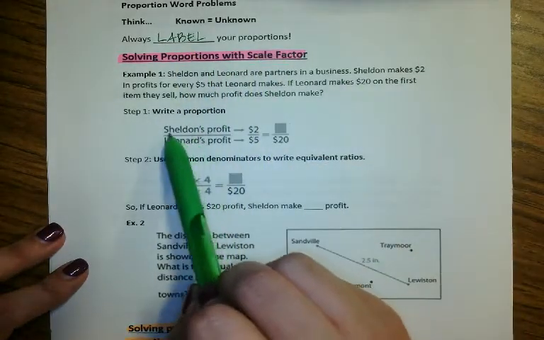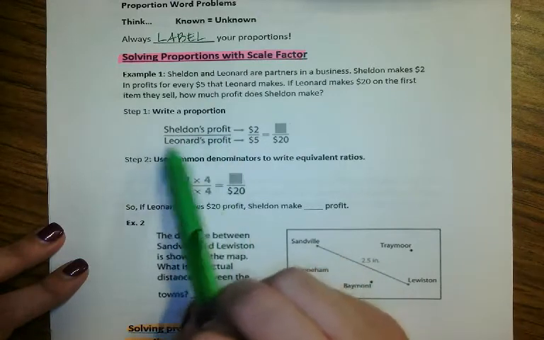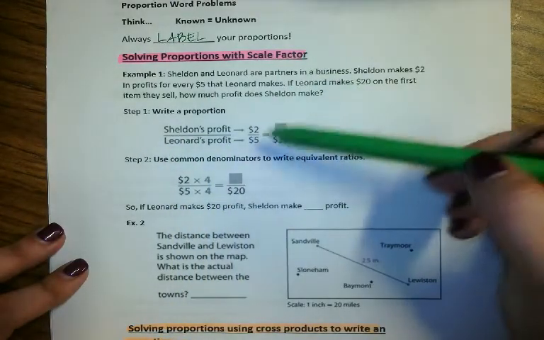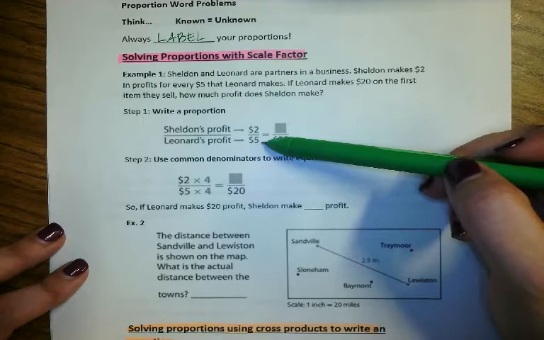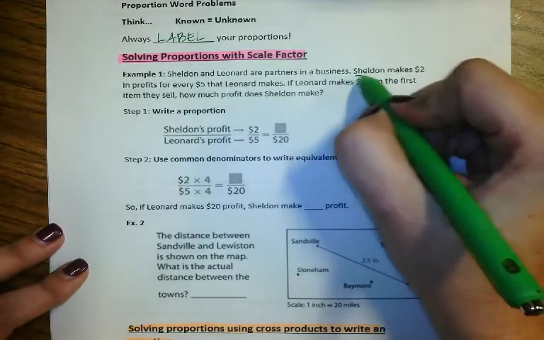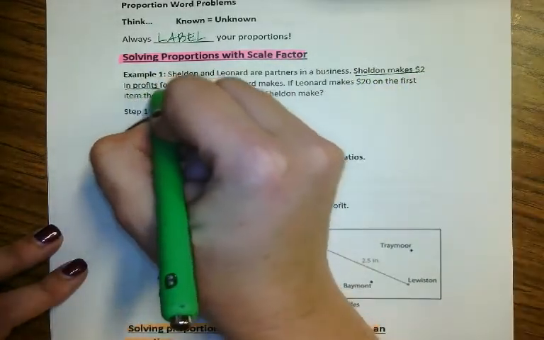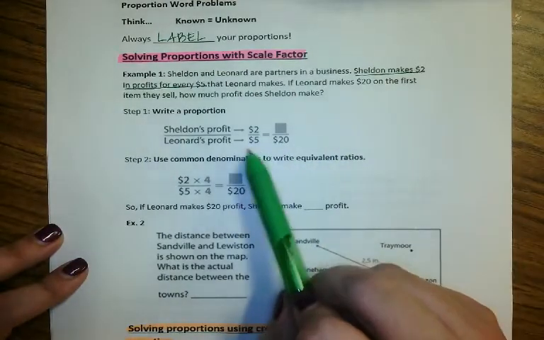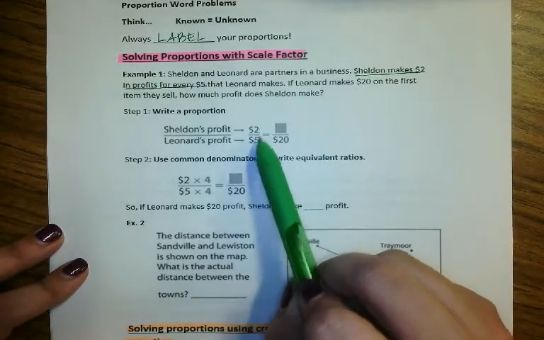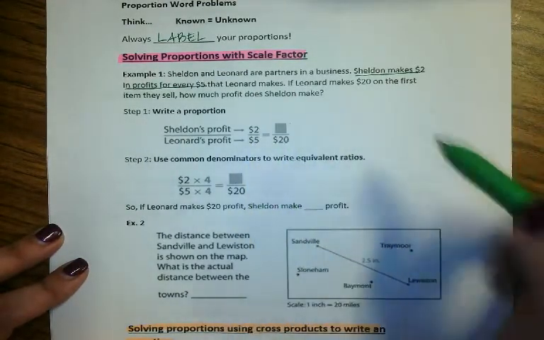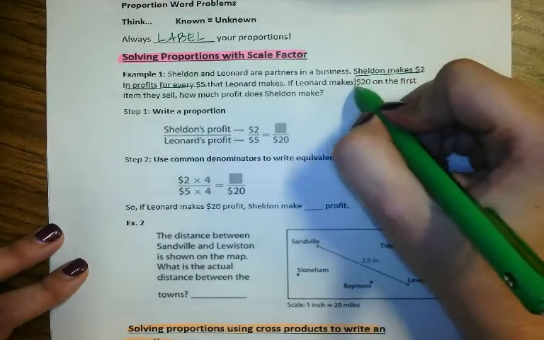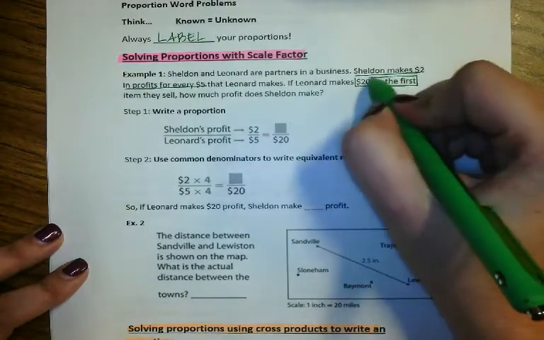The units that we're talking about are Sheldon's profit compared to Leonard's profit. And when Sheldon makes $2, Leonard makes $5, and that information came directly from the word problem. So we can set up our original ratio of 2 to 5. The next thing we need to know is where are we going to put this $20 into that proportion?